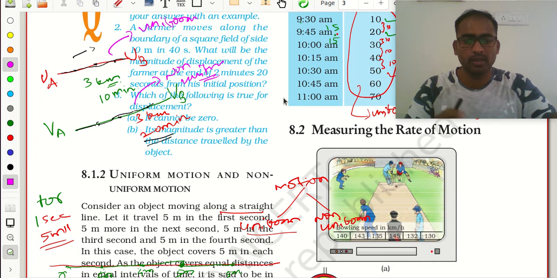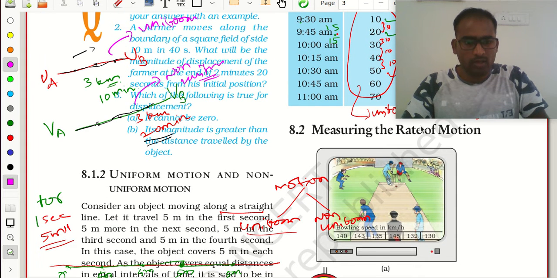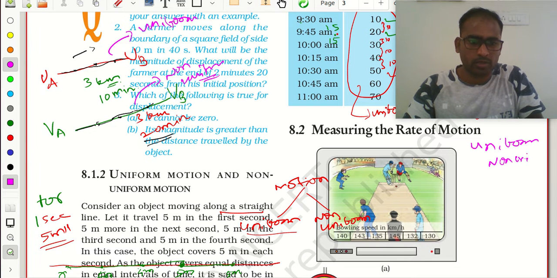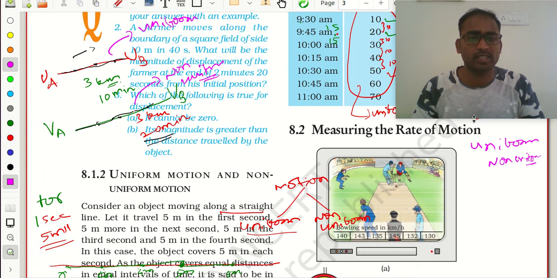Is it okay? Next, we will discuss, see, here we have uniform motion and non-uniform motion. In non-uniform motion, how is the speed changing? Some rate will be there: in 10 seconds this many meters, or in 20 seconds this many meters.